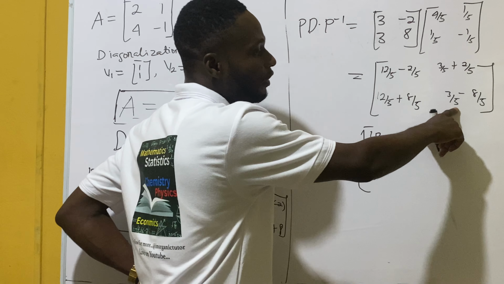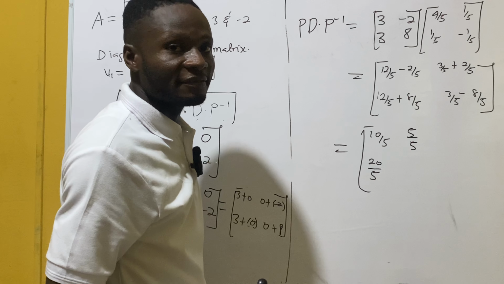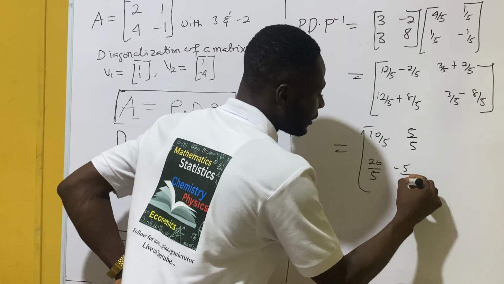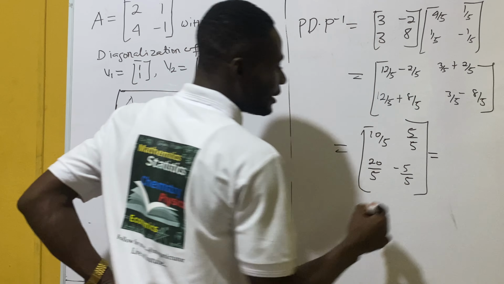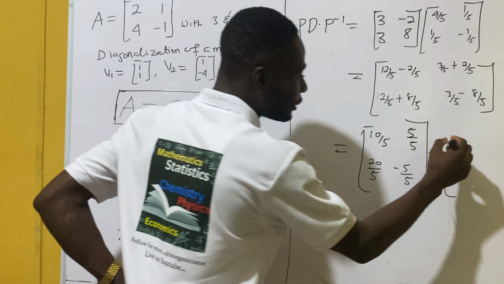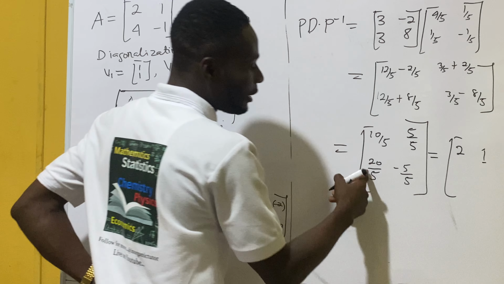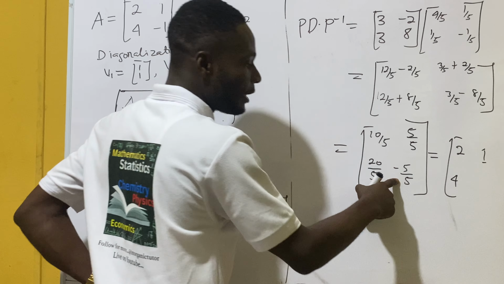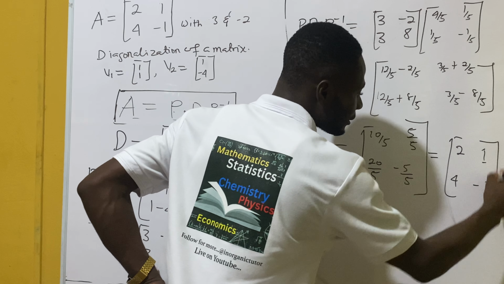And then 3 on 5 minus 8 on 5 is basically minus 5 on 5, right? When you simplify this, 10 on 5 is 2, 5 on 5 is 1, 20 on 5 is 4, and minus 5 on 5 is minus 1, right?